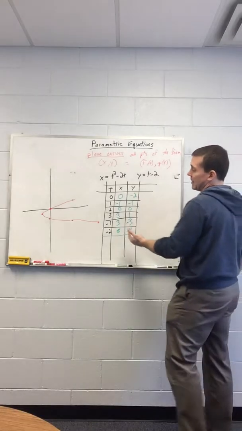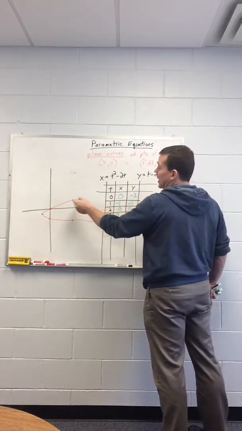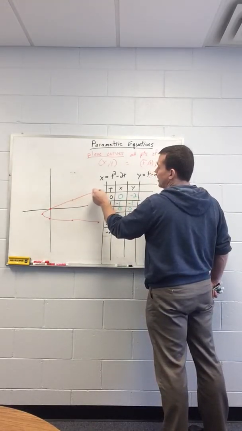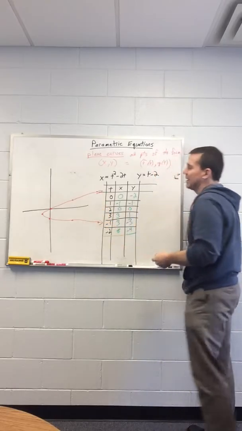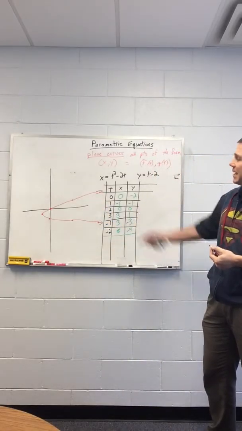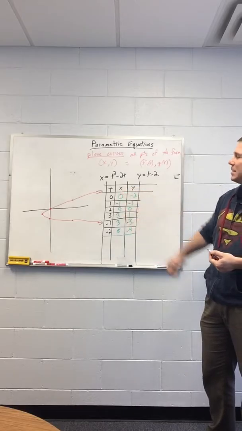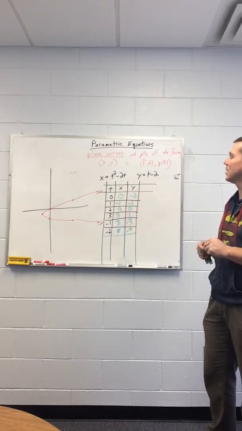And now obviously these times could keep going negative or positive, so this graph will continue going like that and going like that. And it's clearly just a parabola oriented sideways, just like we were doing in section 10.3 in your book.